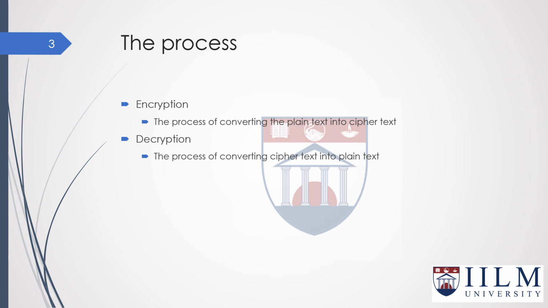That's why it is known as the process of converting ciphertext into plain text. So this is the brush up of the previous classes. I think till this point everybody has a clear idea of what encryption and decryption are, and how both processes combine to make the cryptography process.